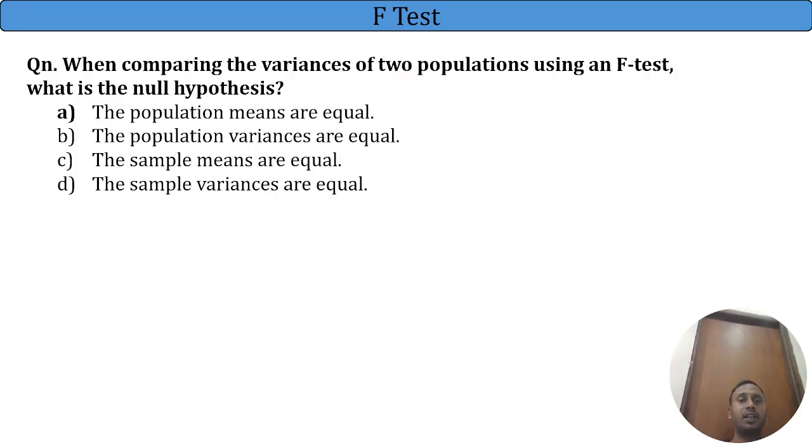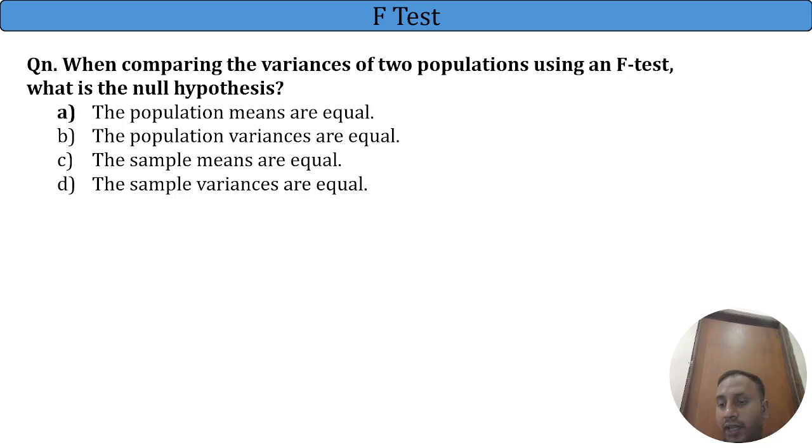When we compare the variances of two populations using an F test, what will be the null hypothesis? First one, the population means are equal.